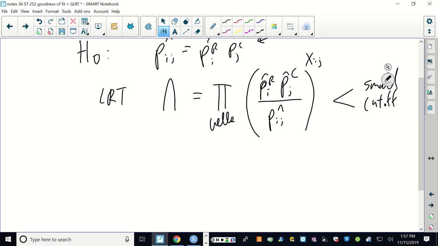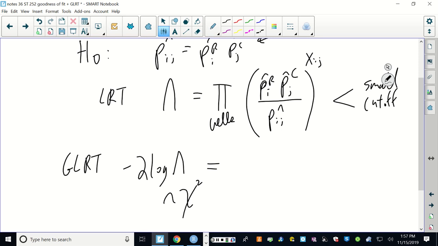But figuring out the exact combinatorics in a big table is kind of computationally messy. So for the generalized likelihood ratio test statistic, we take -2 the log of this, and we compare that to a certain chi-square distribution. And what happens if you take -2 the log of this? The log of a product becomes the sum of the logs, a sum over all the cells ij.